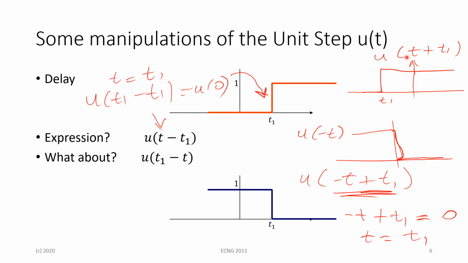If the sign of t is positive and we have positive t plus t1, we shift to the left. But if it's negative t and then plus t1, we shift to the right. Depending on the sign of t, that will determine the direction of shifting. And yes, a good idea is to equate what's in the brackets to 0 to get the true x-intercept.